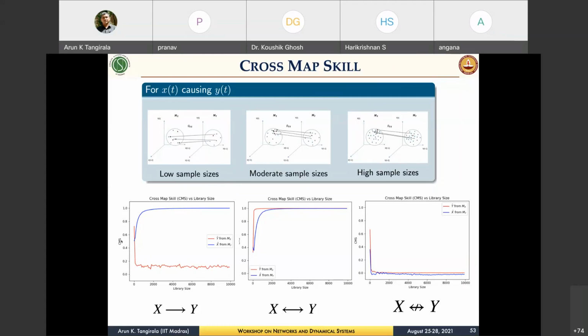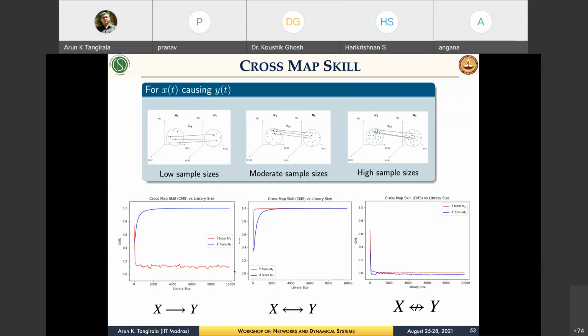CMS stands for cross map skill. The x-axis is library size. The blue line is the correlation between the recovered X and the original X for increasing sample sizes. You can see that the correlation hits 1 for large sample size, whereas the correlation decreases and almost settles to an insignificant value for the recovery of Y. So you conclude that X affects Y, and that is indeed the case.